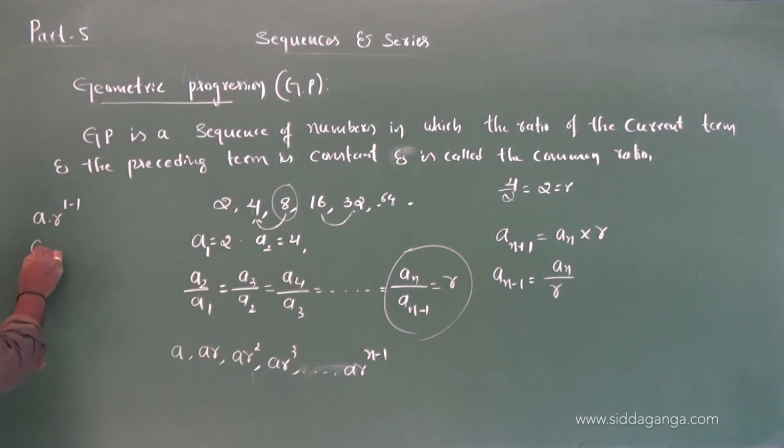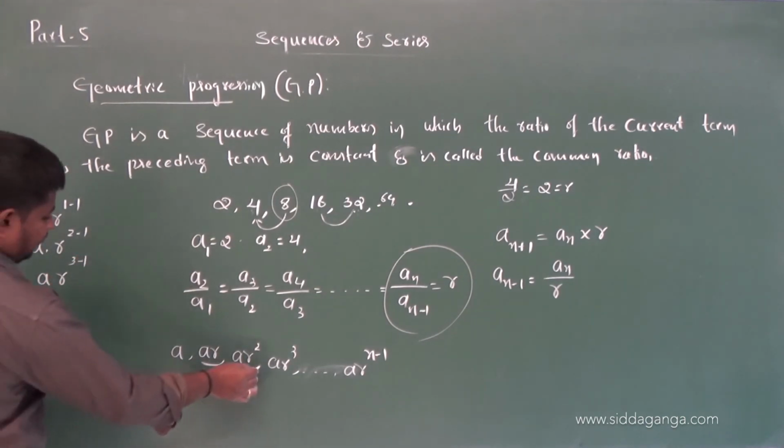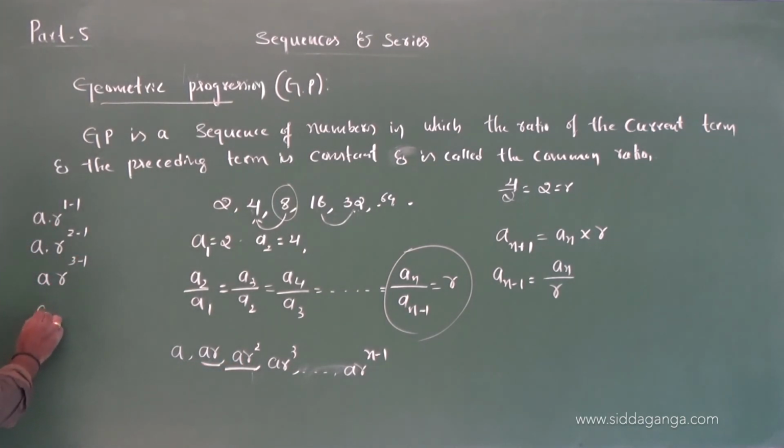Second term I can write as A into R power of 2 minus 1. Third term is what? A into R power of 3 minus 1, that is AR square. Fourth term is A R power of 4 minus 1, that is AR cube. In the same way, nth term is A into R power of n minus 1.